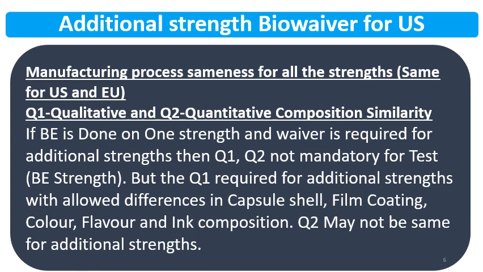But the Q1 and Q2, or Q1 at least, should be similar to the strength on which the applicant has proven bioequivalence. So you cannot change the formula qualitatively for other strengths than the BE strengths.